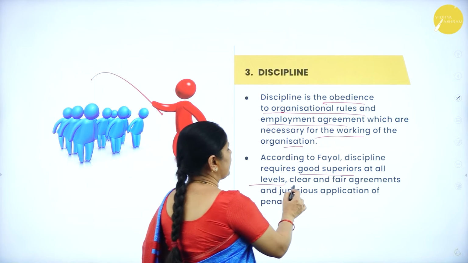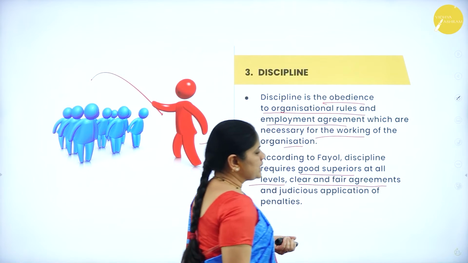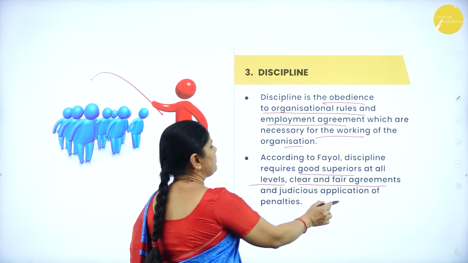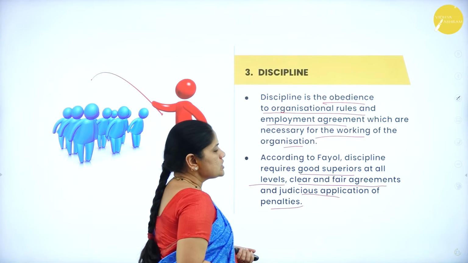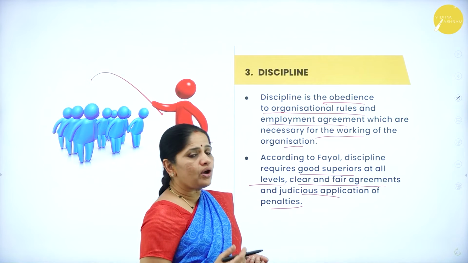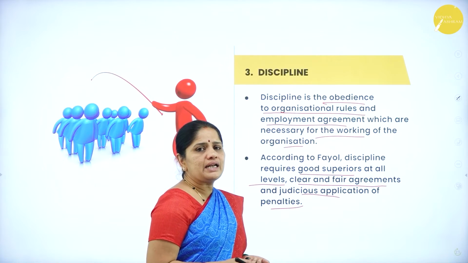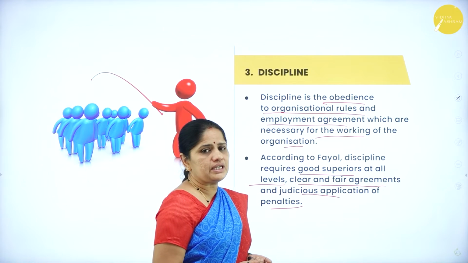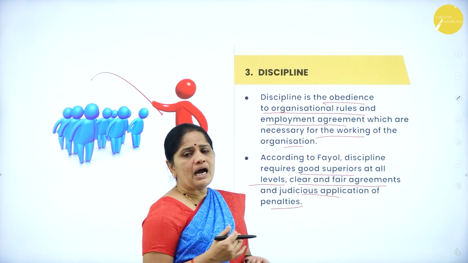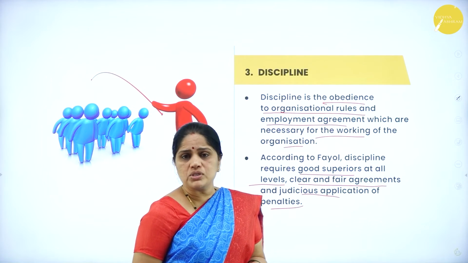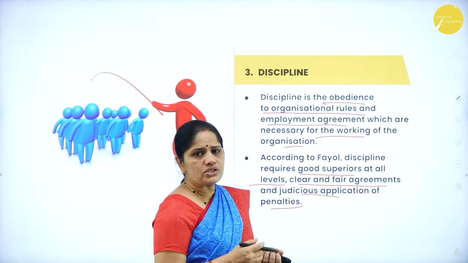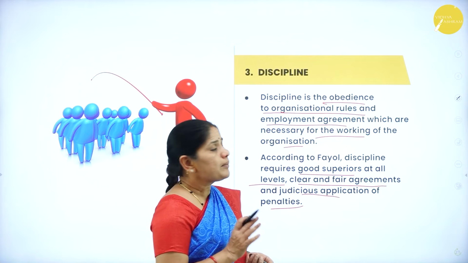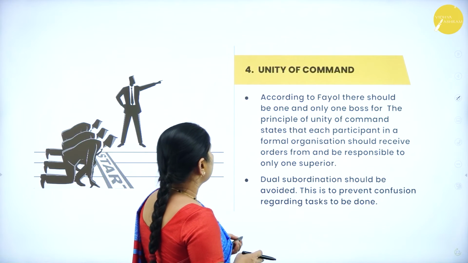Then, clear and fair agreements. Employment agreements should also be fair and clear, with judicious application of penalties. Whenever an employee has been frequently violating the discipline of the organization, he should be punished. How can you punish them? By imposing penalties like this. So you can see that the employees of the organization behave in a disciplined manner.